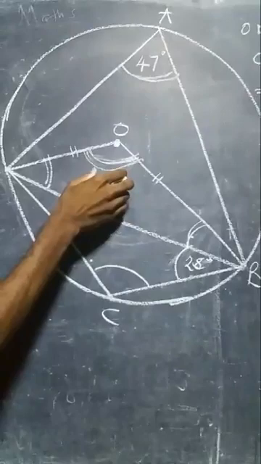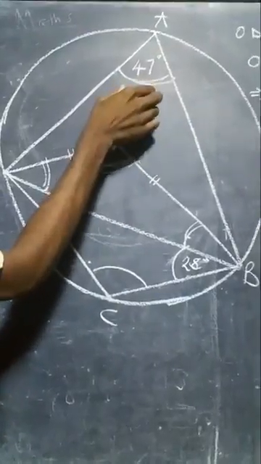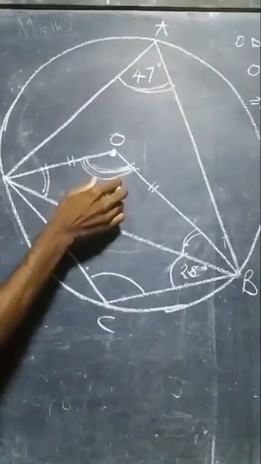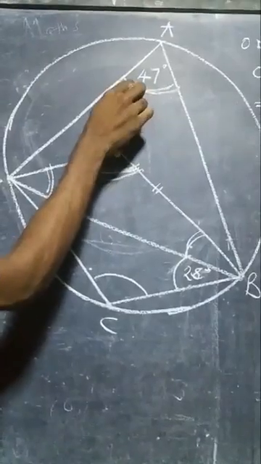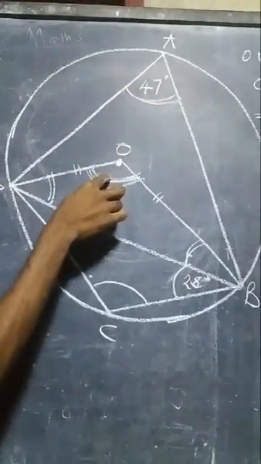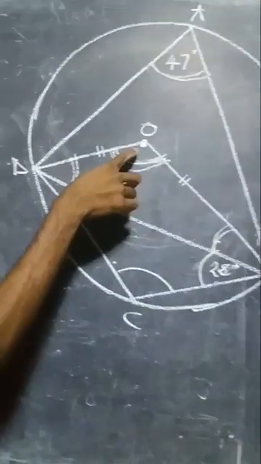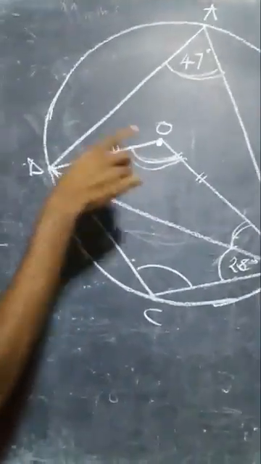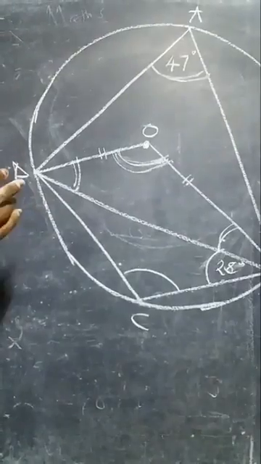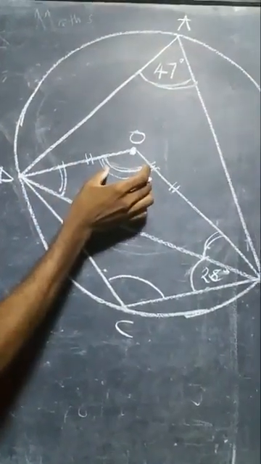So this angle is twice that angle. If there's a 47 here, that means this is 47 by 2. That is this angle here.